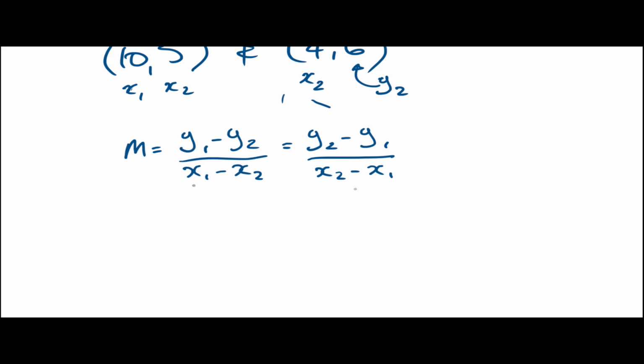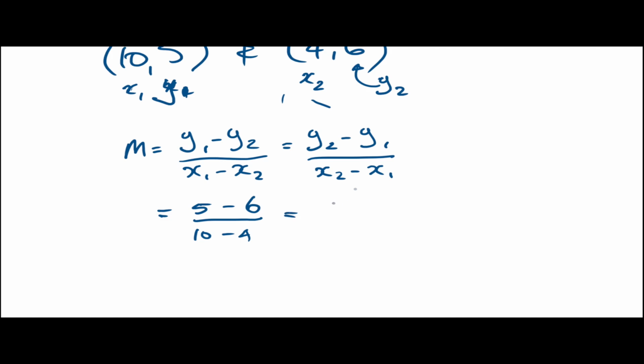But I'm going to use this first one for now. So y1, oh, that's y1, sorry. Oh, that was a mistake. So y1 is 5 minus, and y2 is 6. x1 is 10. x2 is 4.